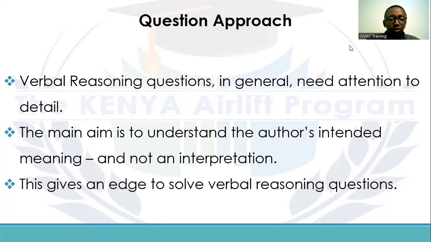Say you need to paraphrase so that you can make the content provided to you easier to understand. You have to be careful not to interpret the author's meaning, but to maintain that meaning even through your paraphrasing. So doing these two things gives you an edge and helps you solve verbal reasoning questions quite easily and confidently.